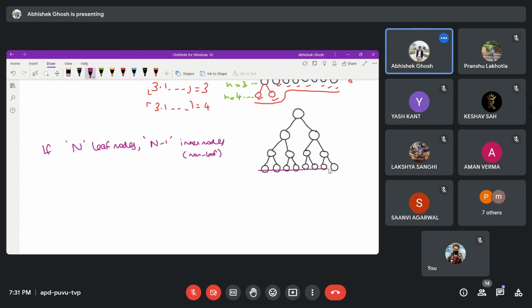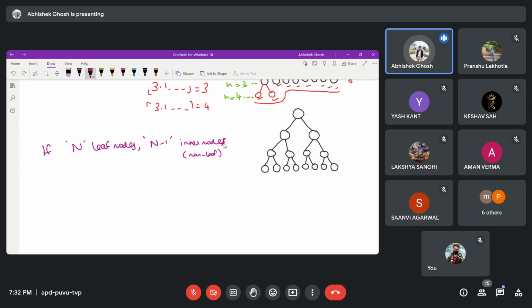These are all leaf nodes, and all these nodes are non-leaf nodes. When you have a full binary tree, it means each node has either zero children or two children. This is a leaf node; it does not have anything below it, so it has zero children. This is a non-leaf node because it has two children. This is the analogy that we're going to follow. So in a full tree, if n leaf nodes are there, then there are n minus 1 inner nodes.